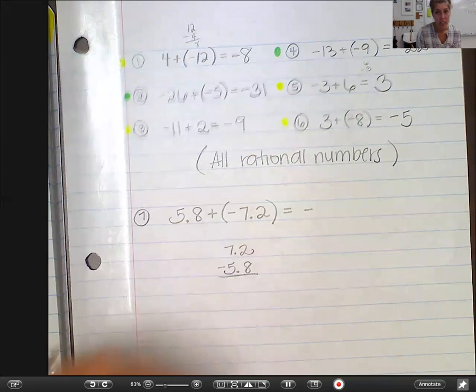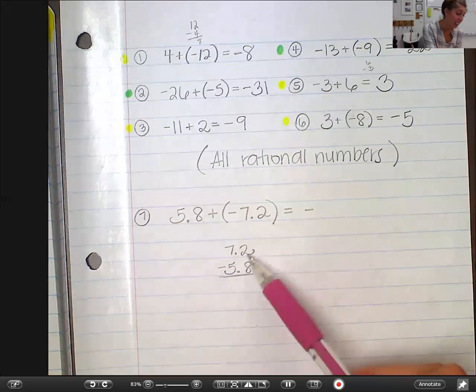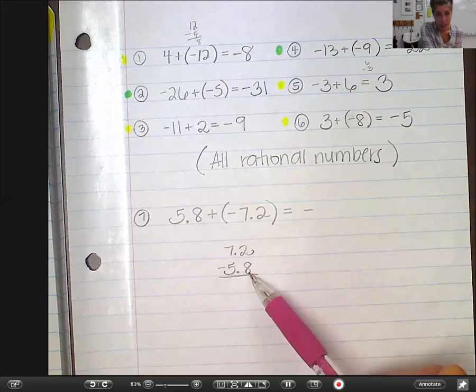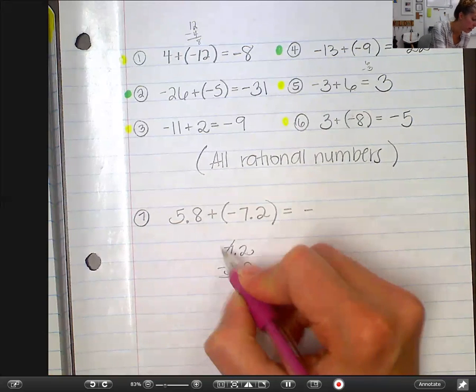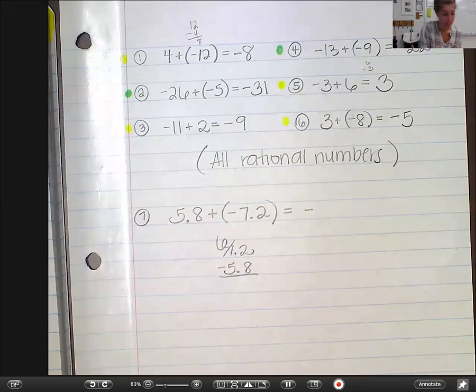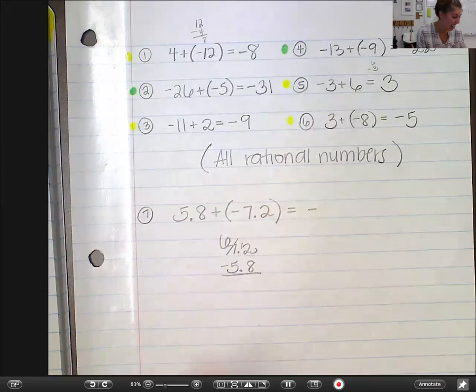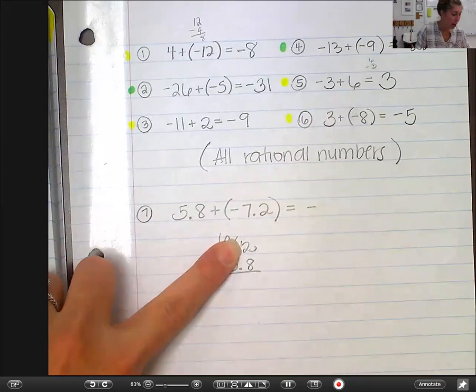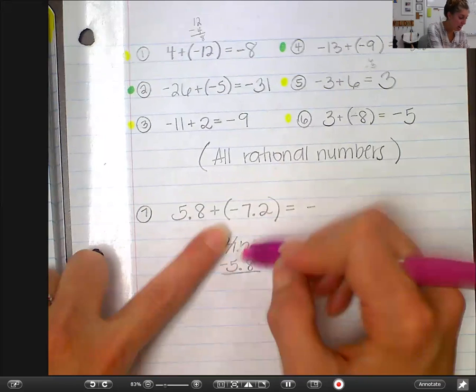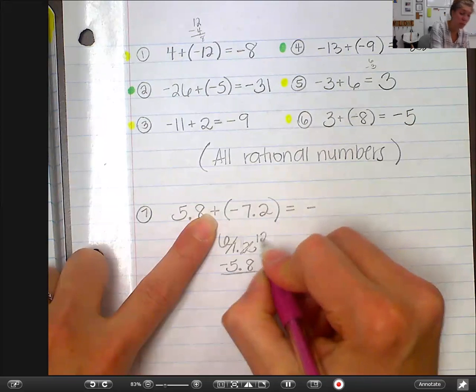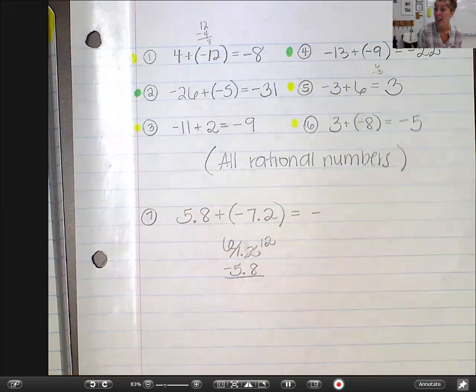So I'm going to have a negative answer right there to start out. Now, when I subtract these decimals, I can't do 2 minus 8. Can't do it in this algorithm. So I have to borrow from the 7, make it a 6. Now, I was taught to put the 1 in front of the 2 like that to make it a 12. But a lot of kids I've seen over the last day or so cross out the 2 and put a 12 out to the side like that.